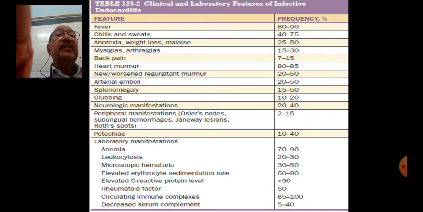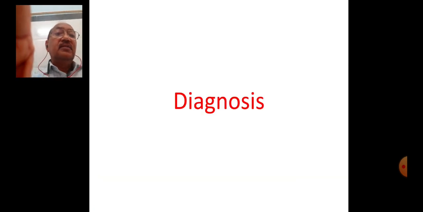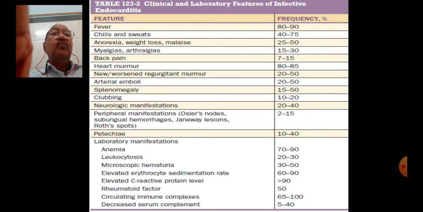So, the clinical and lab features of infective endocarditis. If you look at the clinical features, fever is the most common, followed by chills and sweats. We have anorexia, weight loss, malaise, myalgia, arthralgias, and back pain.